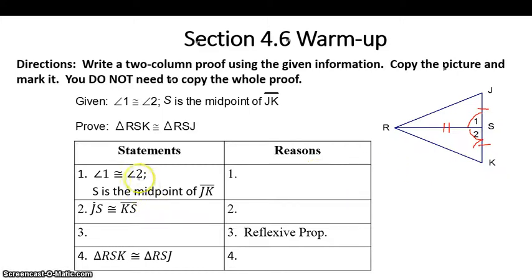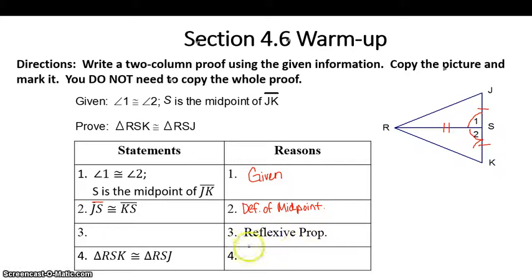And so now we're just going to fill it in. So number 1 is given. Number 2 should be segment JS is congruent to segment KS. And the reason we marked that is because it was the midpoint. So it's definition of midpoint. And remember I said if you see words in the given, you're going to use definition of those words.